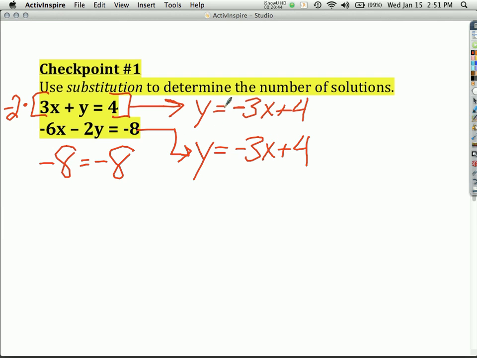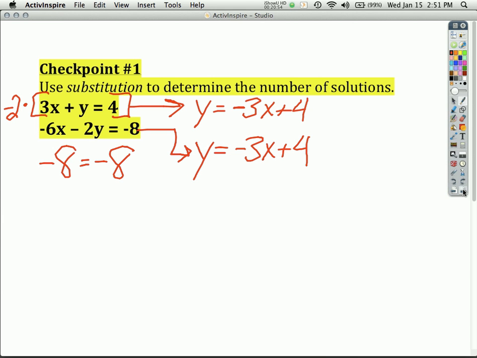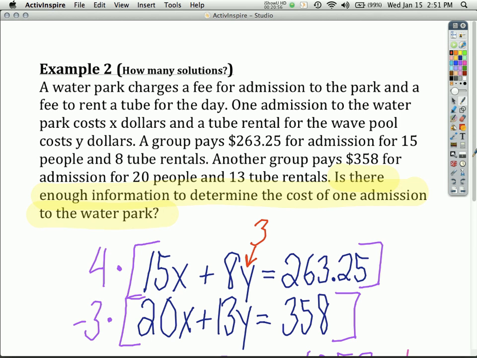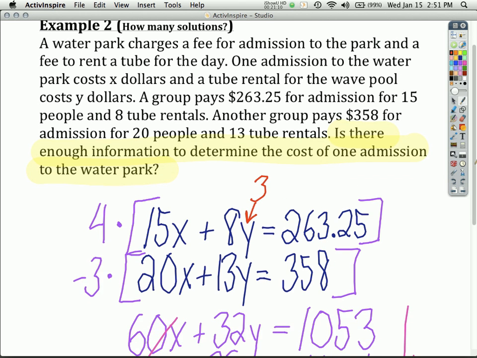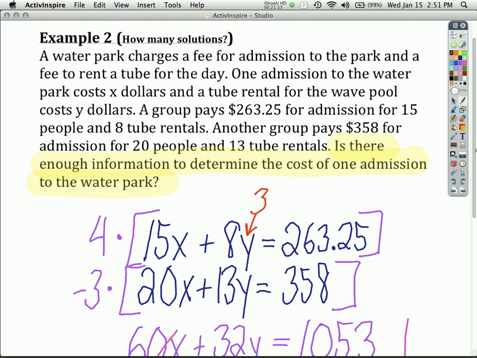We cannot solve this for x and y. We can't. There's no way to. We would need more information to solve for x and y. So if we somehow got the information in such a way that it was really multiples of the same thing, then we would have trouble finding the solution. Okay? So it's a good point.